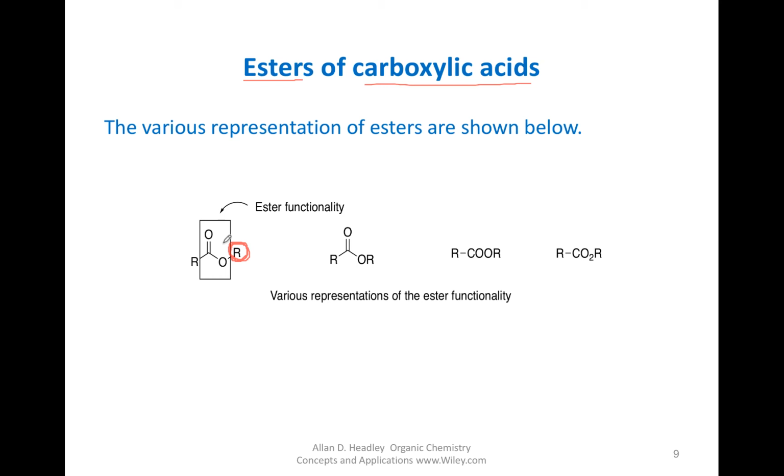It looks pretty close to a carboxylic acid, but it's not, because this is an R group. So it can be written like this or written like this. Notice the ester group is right here, or like this, or a lot of times it's written like RCO2R. These are all representations of the ester functionality.